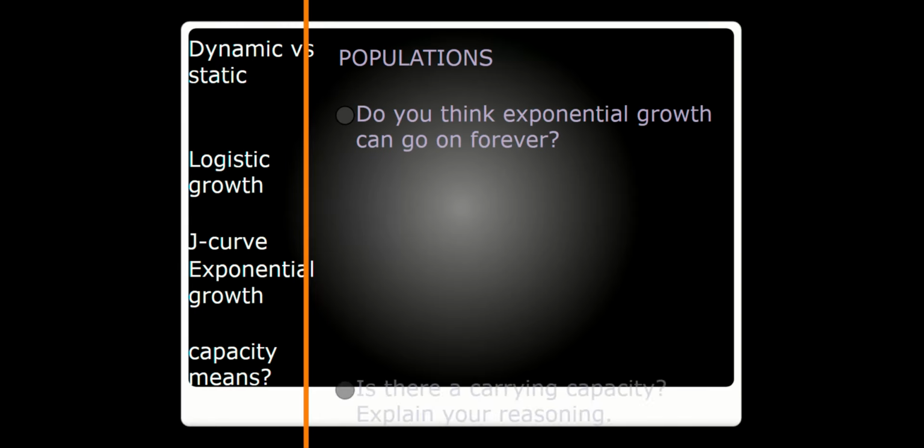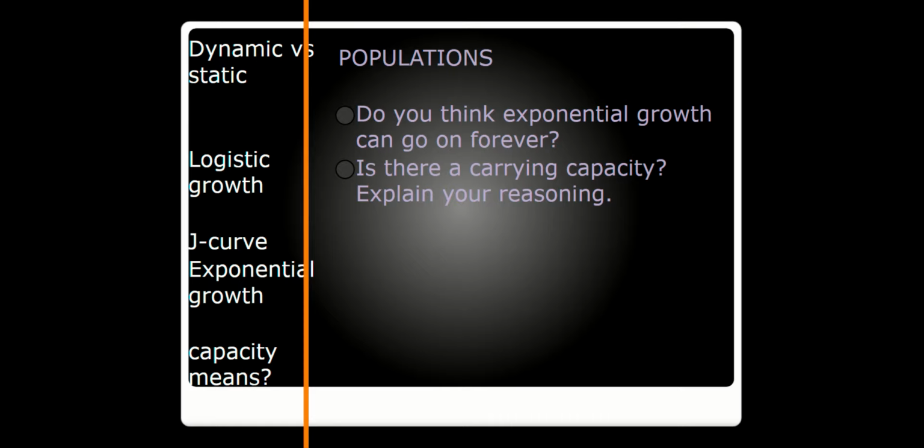Looks like a J. Do you think exponential growth can go on forever where it just starts out slow like that? And it picks up and keeps increasing. Go back to that last slide. Is there a carrying capacity? I'm going to ask you to explain your reasoning for your answer.